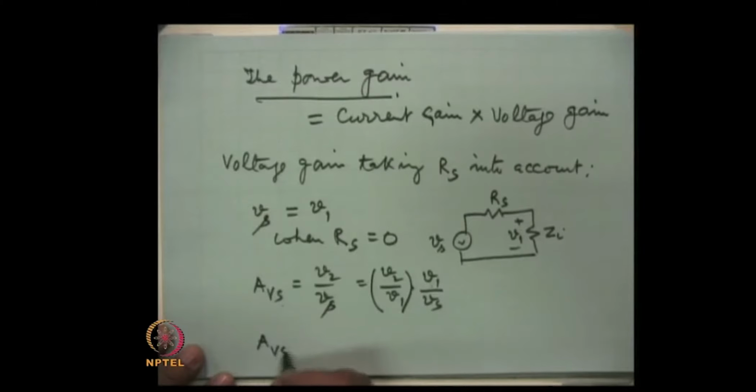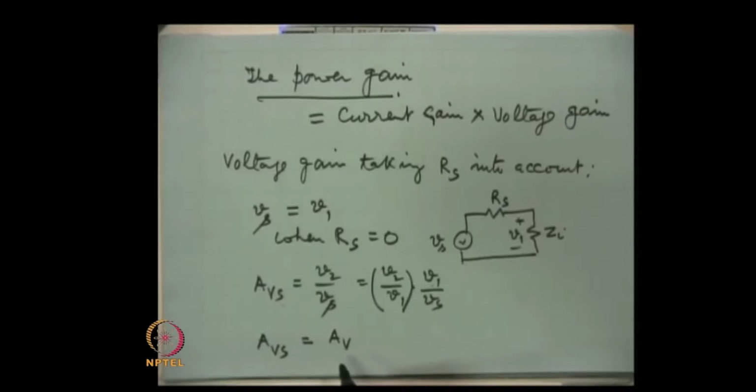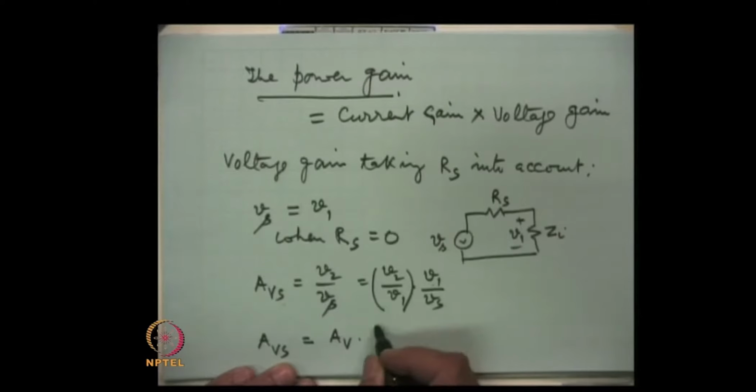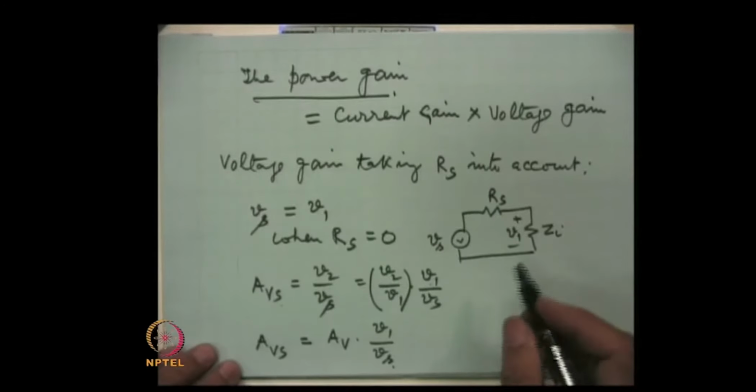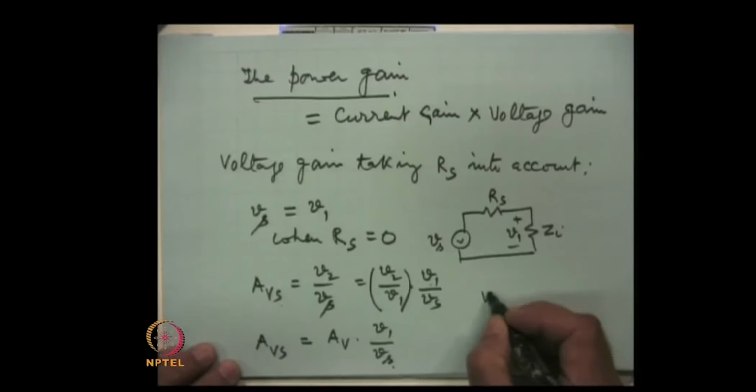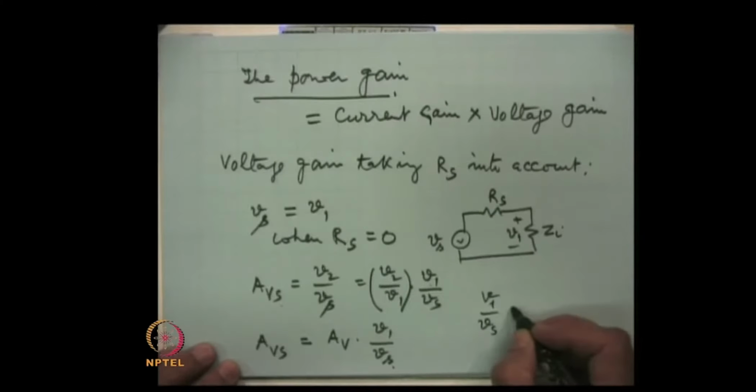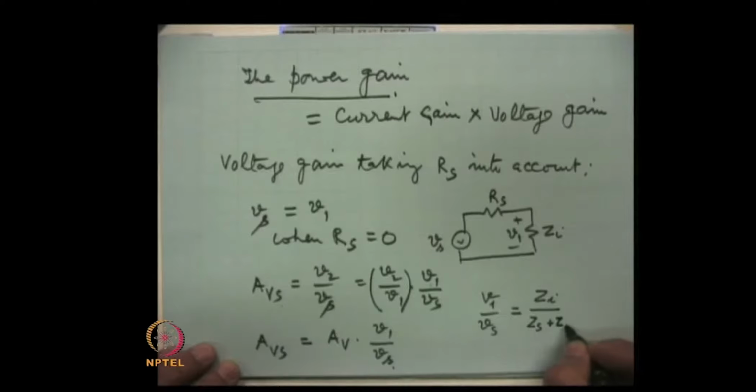So, AVS is equal to AV, the voltage gain, the expression which we got, into V1 by Vs. And this simply gives the voltage division, and from this circuit we can easily see that V1 by Vs is simply Zi by Zs plus Zi.